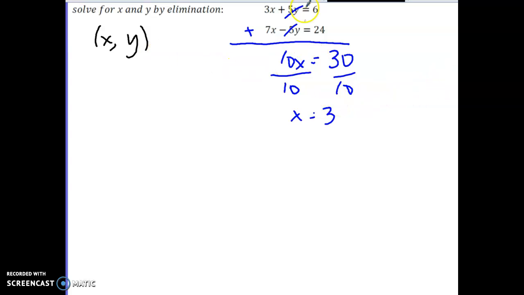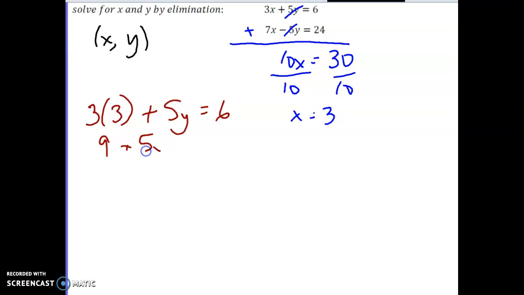So for this one, is it easier to substitute into the top one or the bottom one? No, in this case, it doesn't matter. You can choose whichever one you want. I'll pick the one that's on top. Substituting 3 for x right here, and now I need to solve for y.